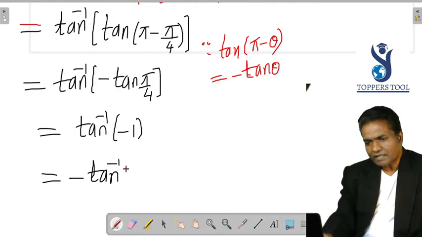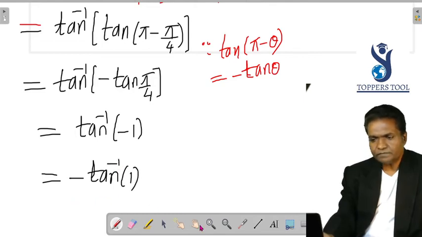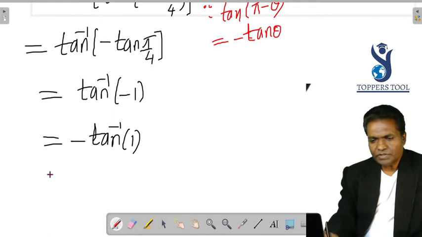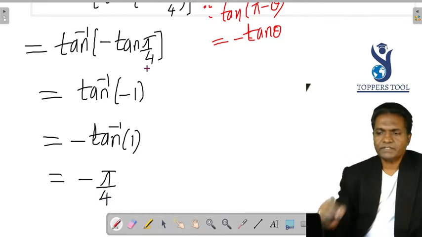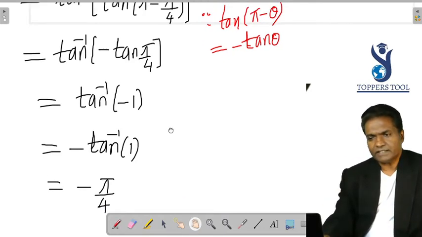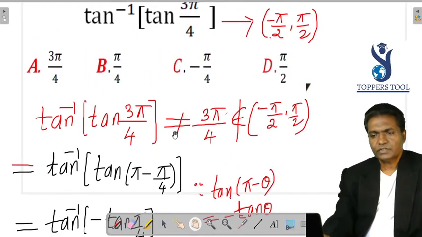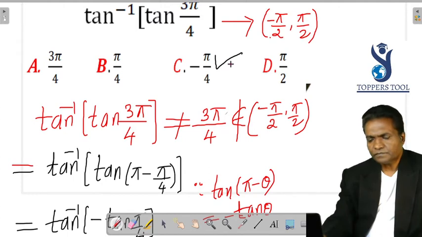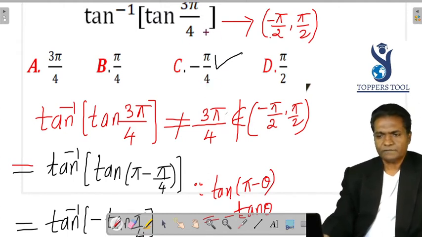So I can write it as minus tan inverse of 1, which is minus pi by 4. So minus pi by 4 is the right answer. Check your answer. This is your correct answer, minus pi by 4.